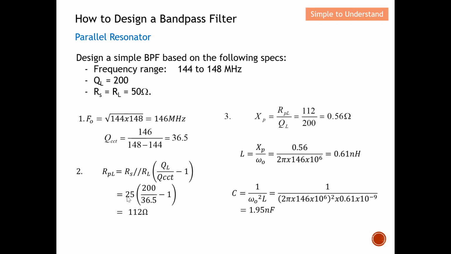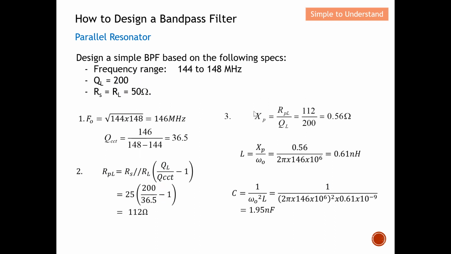Therefore, I have a total effective resistor of 25 ohm. This is the component Q given by the question, which is 200, and this is the circuit Q that I calculated earlier on. From here, I can calculate the resistor that is contributed by the inductor, which is 112 ohm.